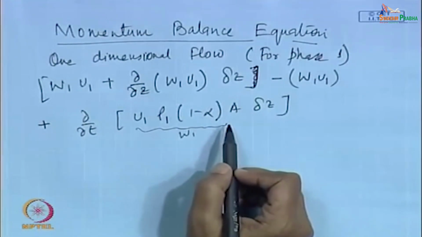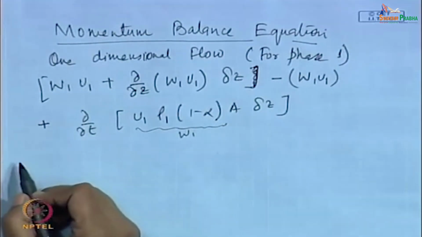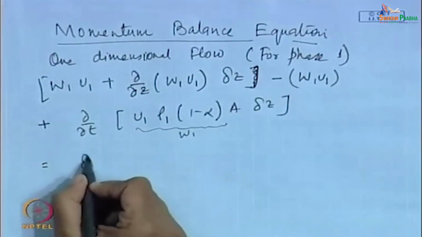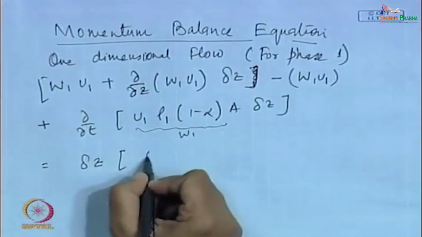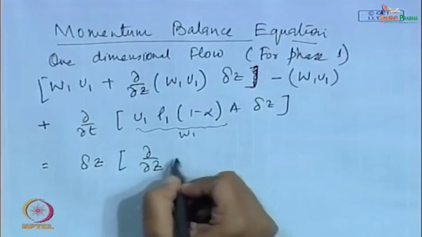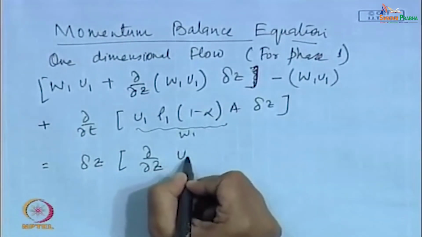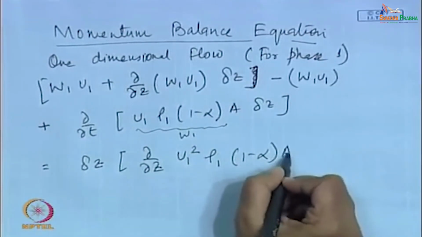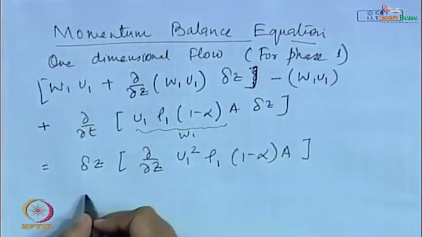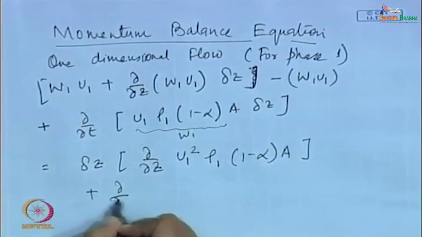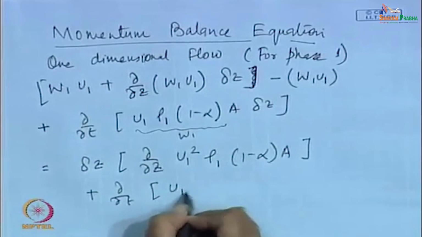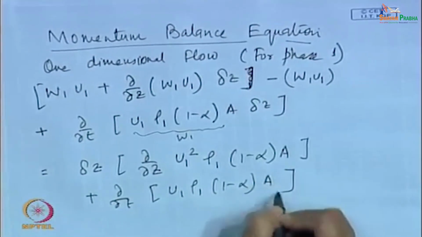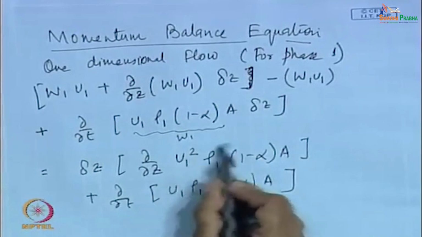Fine. And in other words, this is equal to delta Z into, just tell me if I make some mistakes, U1 square rho 1 1 minus alpha into A plus del del T U1 rho 1 1 minus alpha into A. Correct? How did we get this?